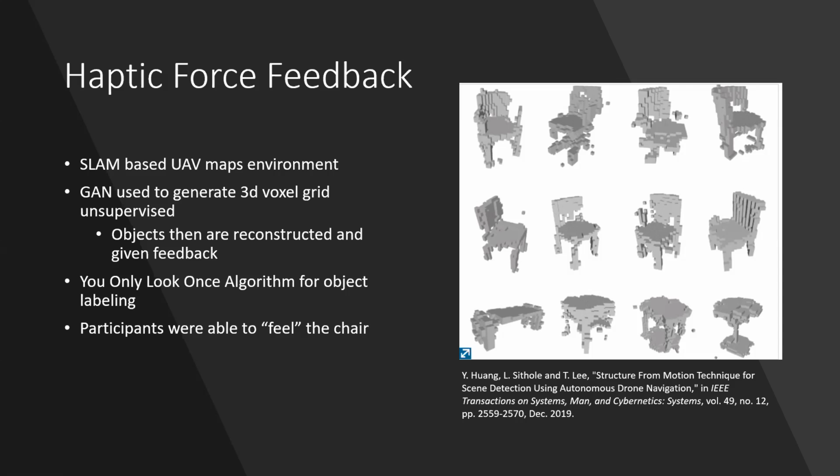I didn't focus too much on the GAN because of running out of time to present. And I don't know too much about them. I just know that they were talking about using it. I think the problem is that the SLAM map doesn't generalize the best to a virtual environment if you were to transition it straight to virtual reality. And so they were trying to use the GAN to process that SLAM map to turn it into something that's easier to use and add that haptic feedback to.